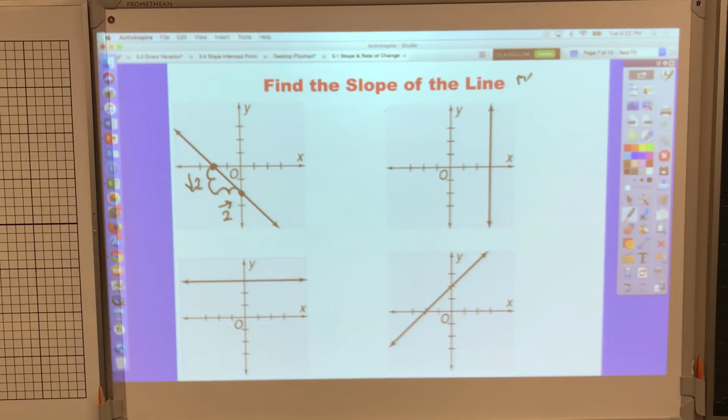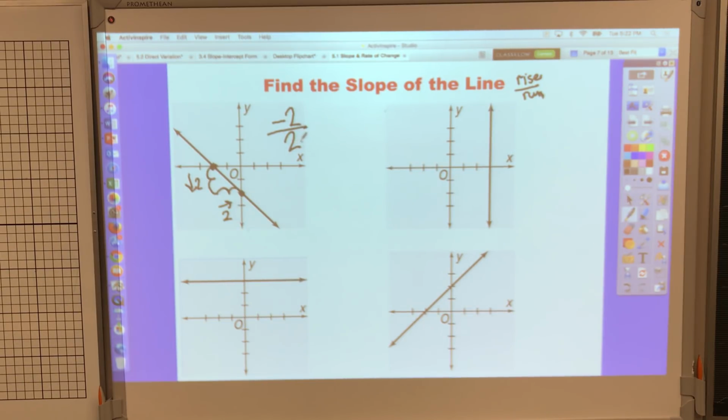Rise, run. We went down, so my rise would actually be a -2, and my run would actually be a +2. And then anytime we move to the right, it's always positive. As long as we start at the left dot, that's always going to be a positive on the bottom.